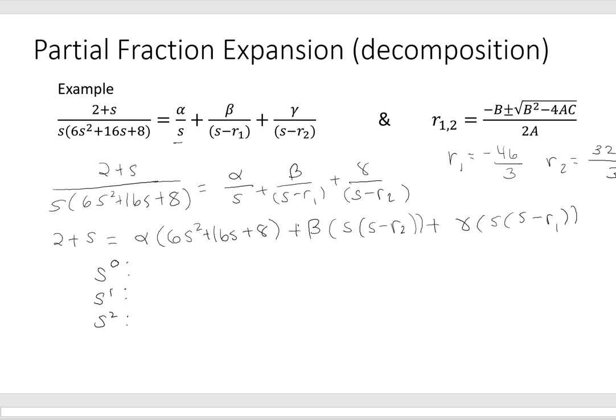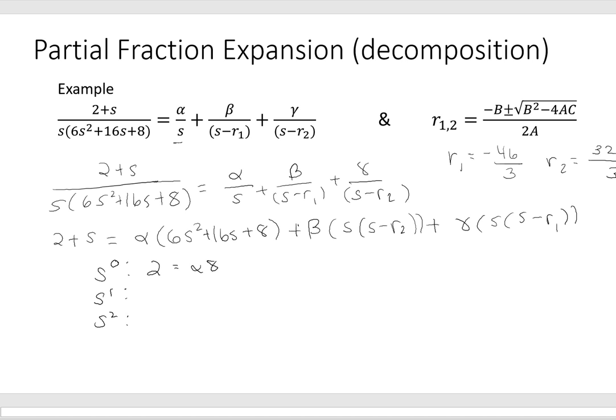For s to the 0, on the left-hand side I have 2, and on the right-hand side I have alpha times 8 in the first term. In the second term, there's no such term, and the third term has no s to the 0 term.